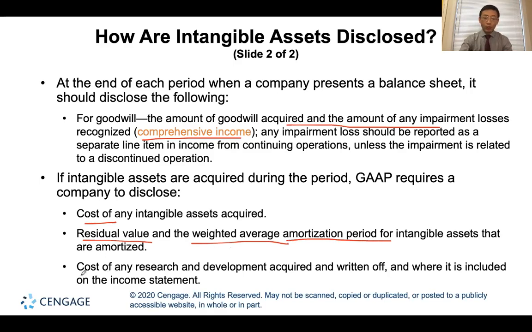And also the cost of research and development needs to be reported in the income statement. So as we know, intangible assets, the cost, the amortization, impairment, and R&D, all of these accounting activities need to be reported in the balance sheet and also in the income statement.